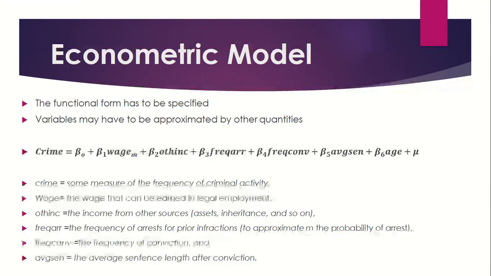FREQARR represents the frequency of arrests for prior infractions to approximate M, the probability of arrest. Then comes the frequency of conviction, then the average sentence length after conviction, and then the age.